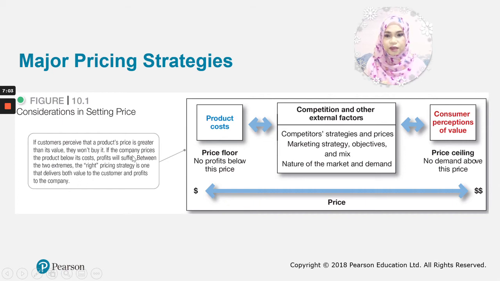And if the company's price for the product is below its cost, then the company will suffer because you will not be gaining any profit. So between the two extremes, you have the so-called right pricing strategy, which delivers value both to the customer and to the company's profit.